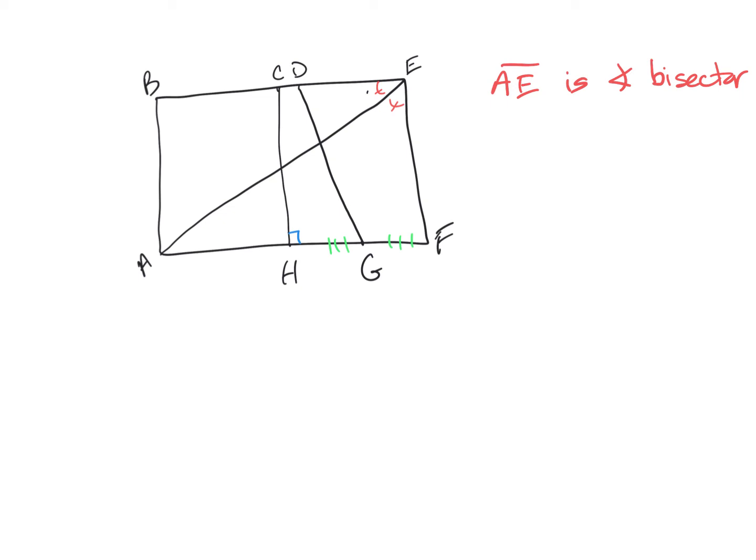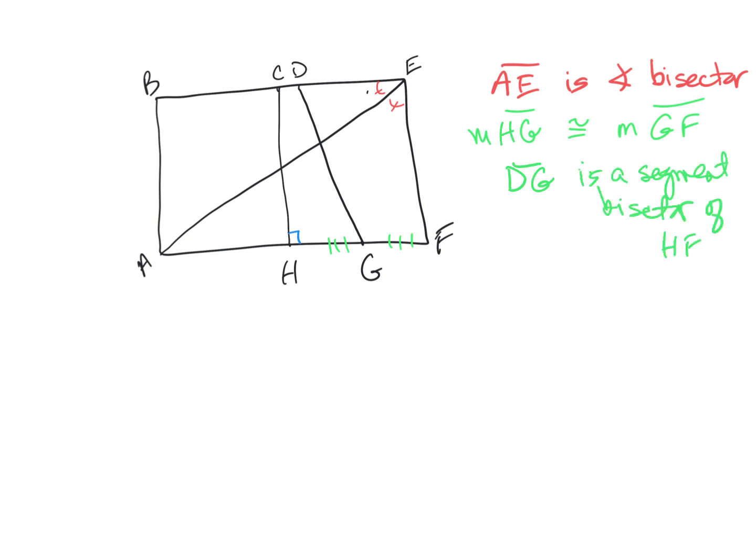Got it? So we know that a measurement of HG is, and that's not an A, it's an H, HG is congruent to the measurement of GF because those tick marks give me the right to say that. But what does it tell me about DG? What is DG then? In this case, DG is a segment bisector, but of not that whole side, just from H to F. You understand that?